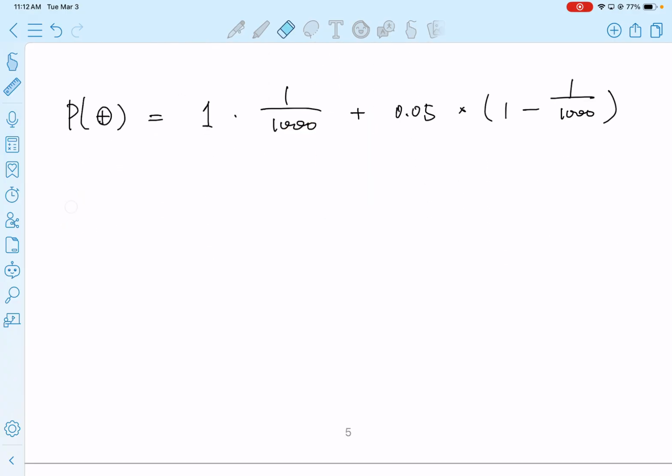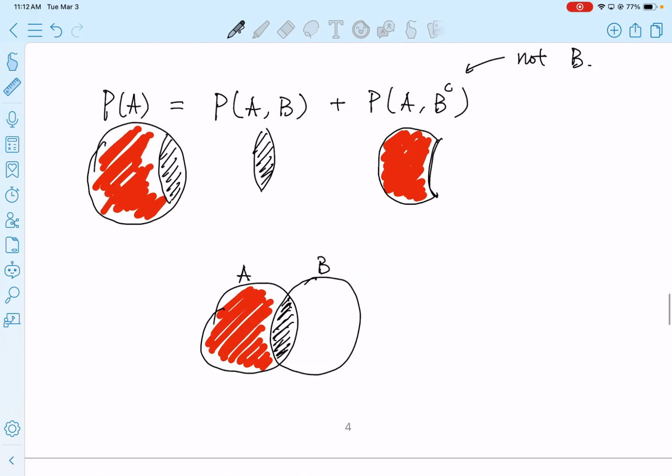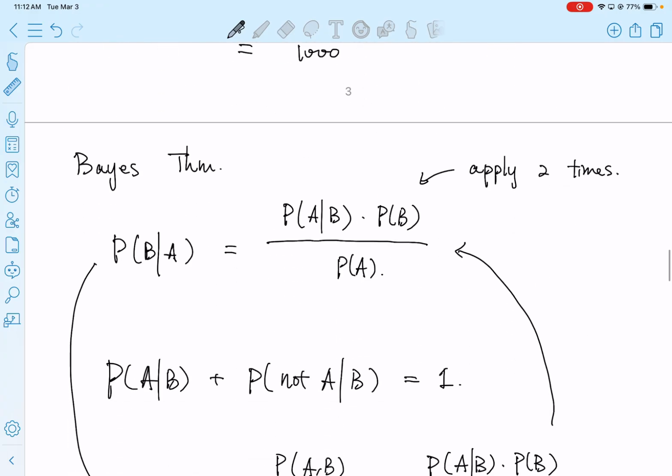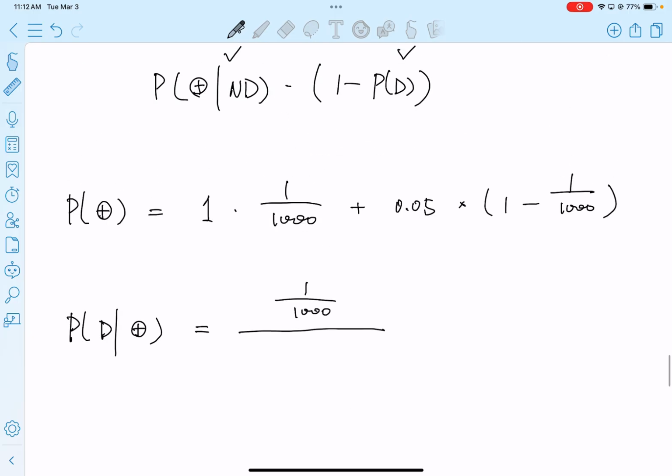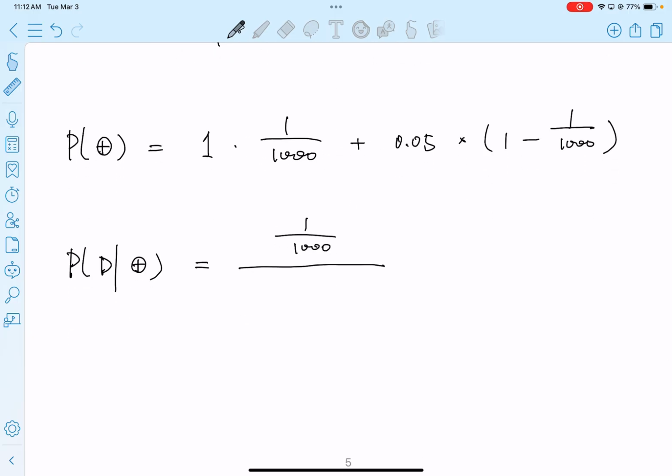So back to our question: the probability of whether you have the disease after you observe a positive test result is the numerator, 1 over 1,000, divided by the denominator, which is that number.